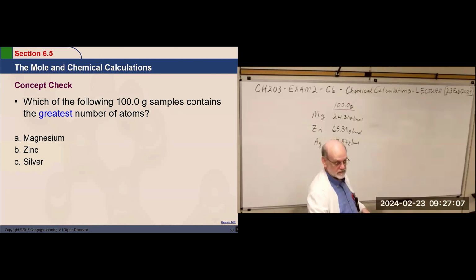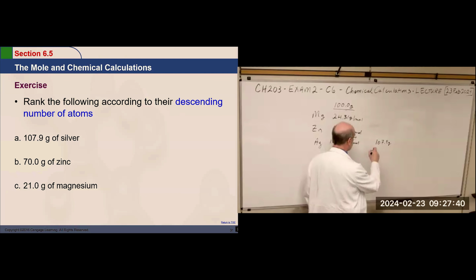Okay, now rank the following for descending number of atoms. So the most to the middle to the last, the least number. 107.9 grams of silver. Zinc, 70 grams.